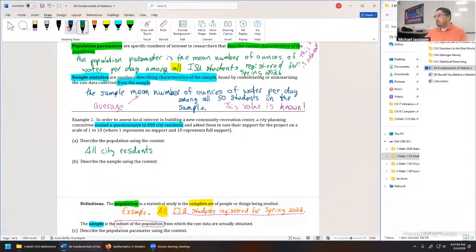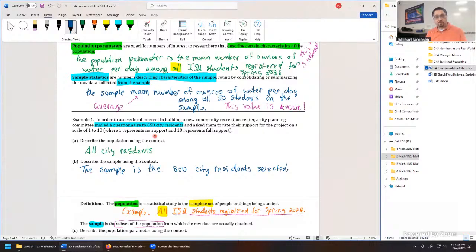That'll be the sample. So we're going to say the sample is the 850 city residents selected.